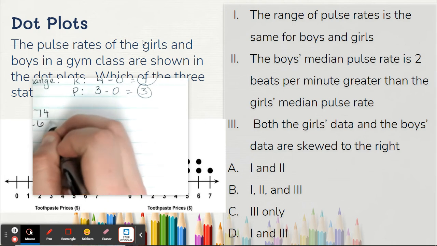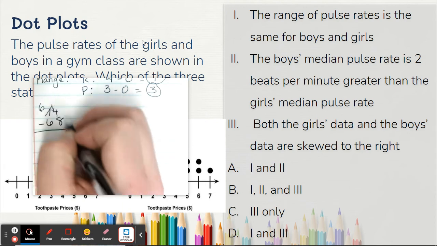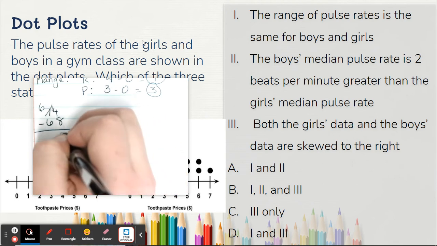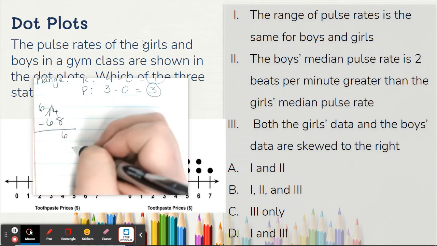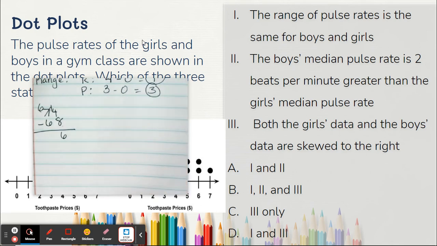We got to borrow. 14 minus 8 is 6. Okay, so my range for girls is 6.